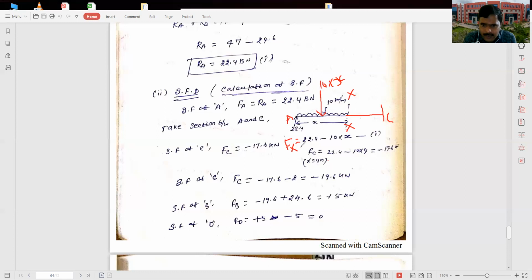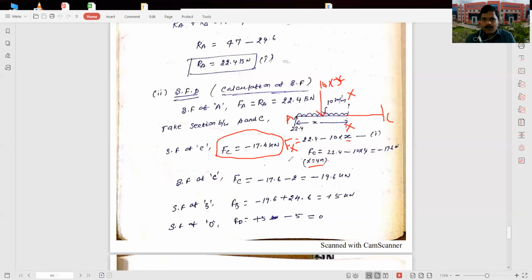Therefore, in this equation, if we substitute x equal to 4 meter, that is Fc equal to 22.4 minus 10 into, instead of x, you can substitute 4 meter, 10 into 4, you will get minus 17.6 kilonewton. Okay, so shear force at the point C is minus 17.6 kilonewton.